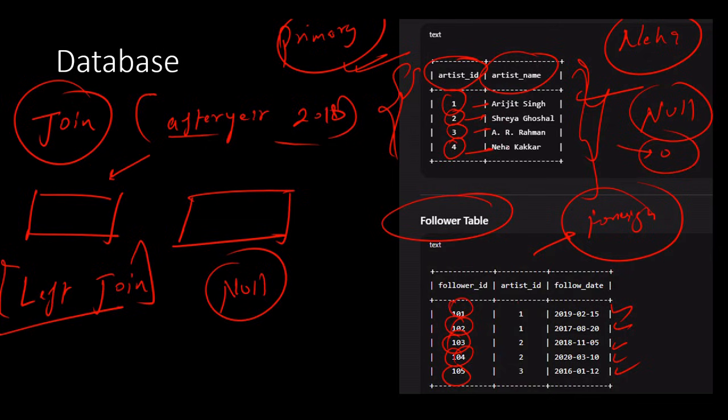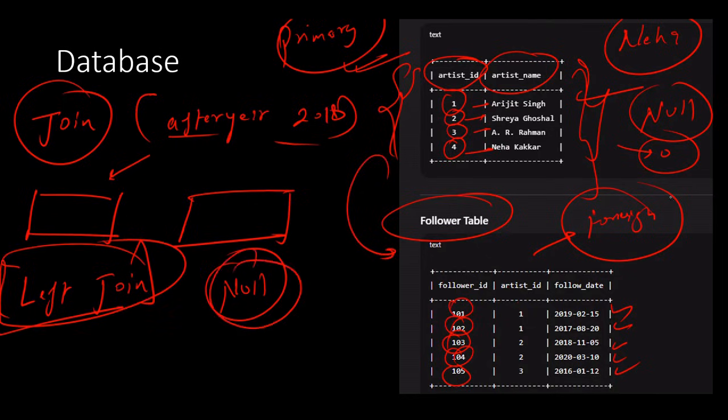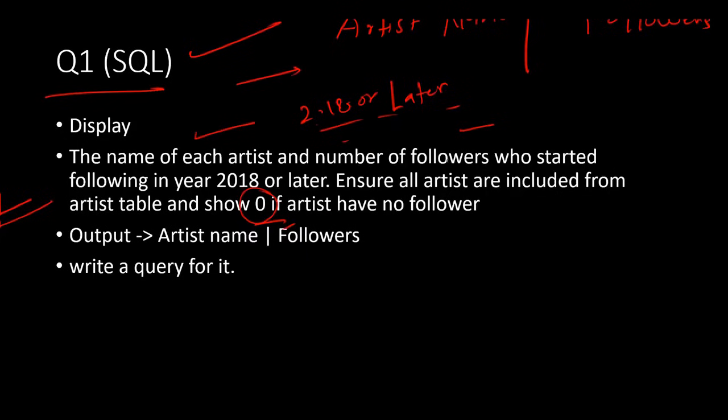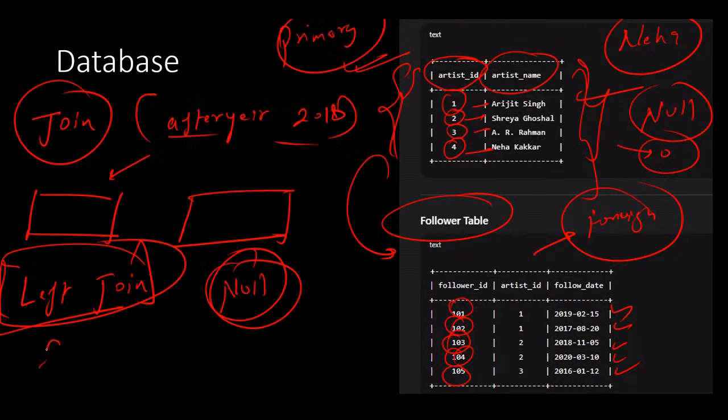So what are some common points which we got? Okay, we need to join these both tables. We need to use the left join. Okay, null values we need to replace by 0, and we need to count all the followers who followed after 2018. And as they mentioned, number of followers we need to display. That's why we will use aggregate function count.